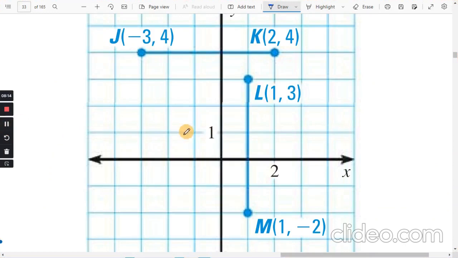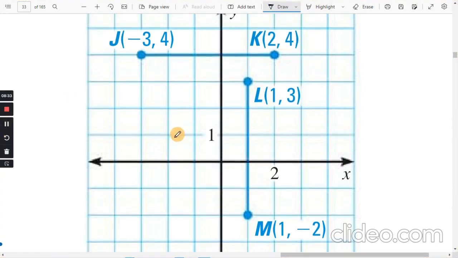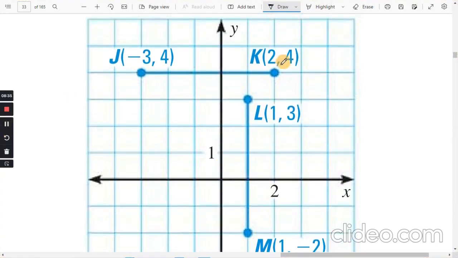Okay, we will worry about plotting points some other time, but this is basically what it looks like. Because the X or Y coordinates match, the line is either going to be horizontal or vertical, straight left, right, or straight up and down. This is why we can ignore the coordinates that match. You see here, these points are both at Y equals 4.